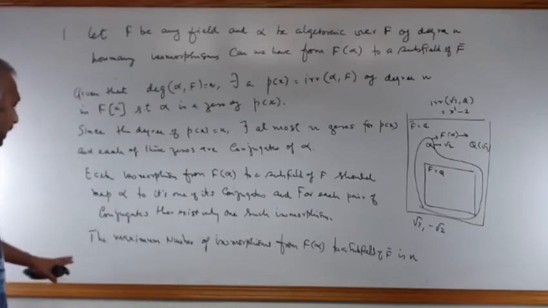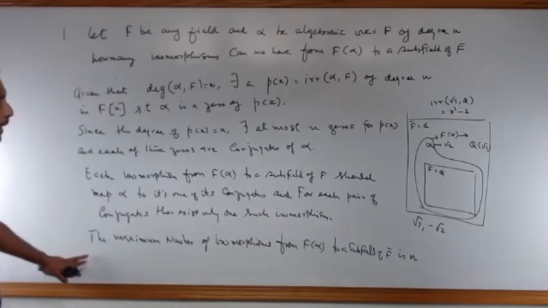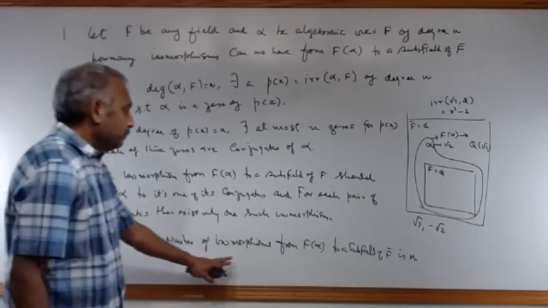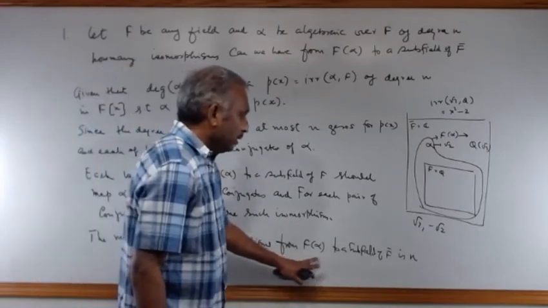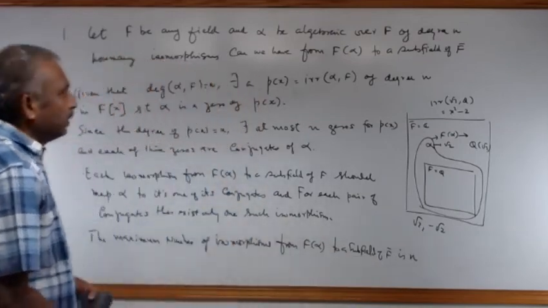Or in other words, you can say there are at most n such isomorphisms from F alpha to the subfield of F closure.